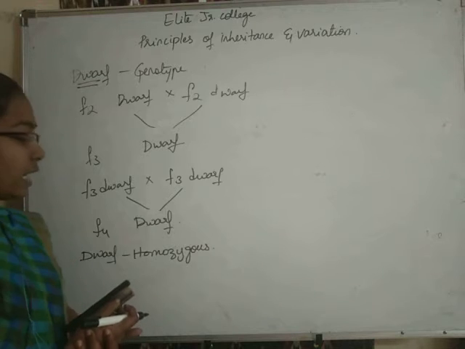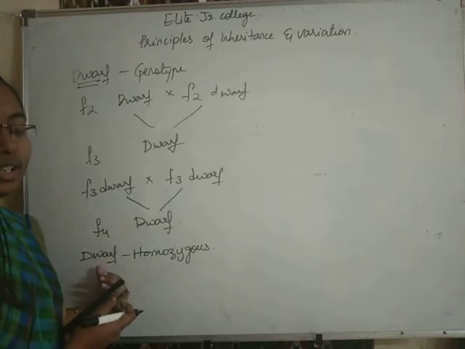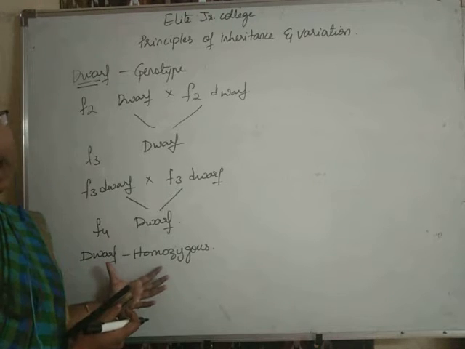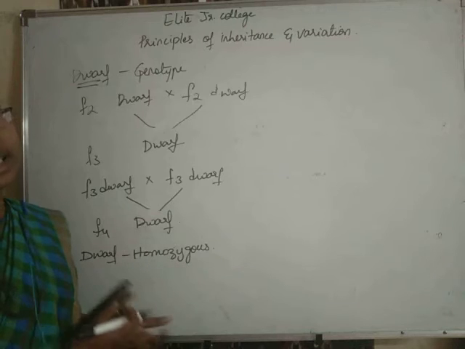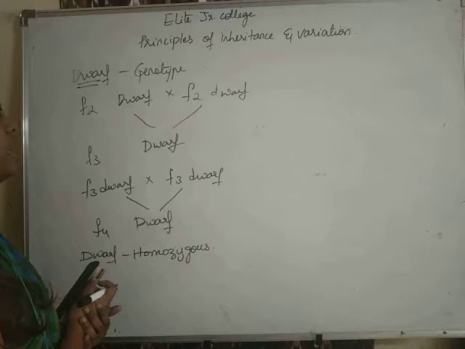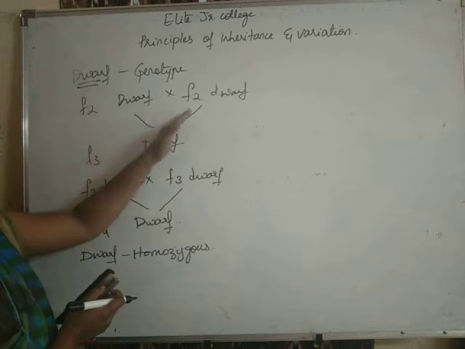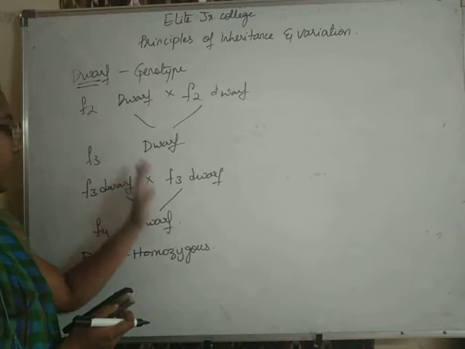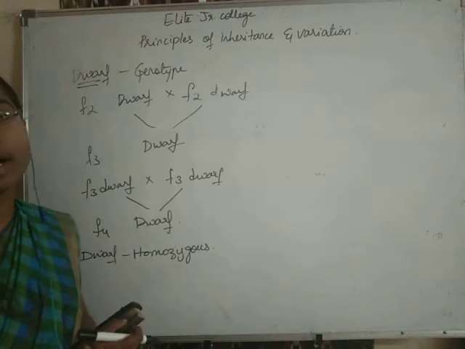It was very easy for him to do, because dwarf crossed with dwarf gave all F3 and F4 individuals dwarf.